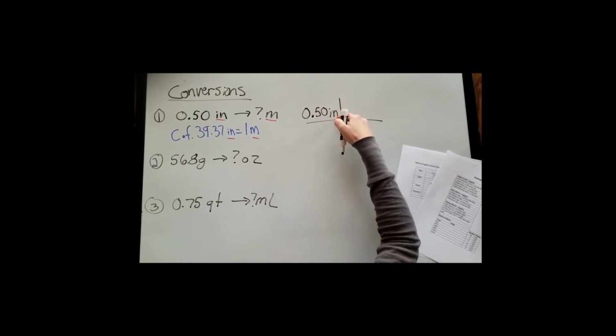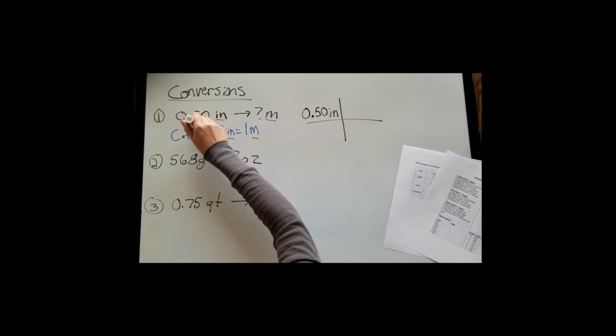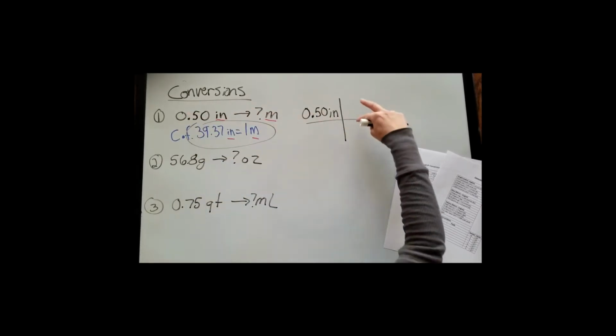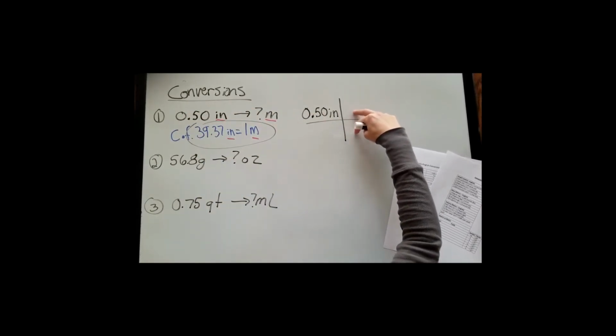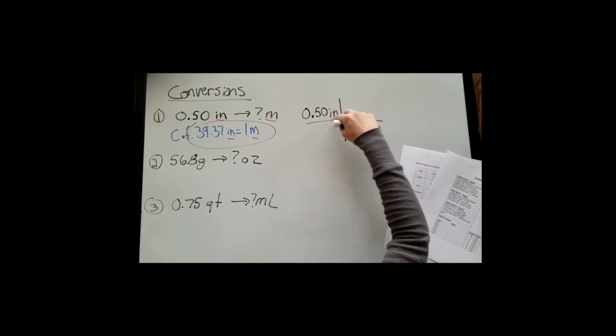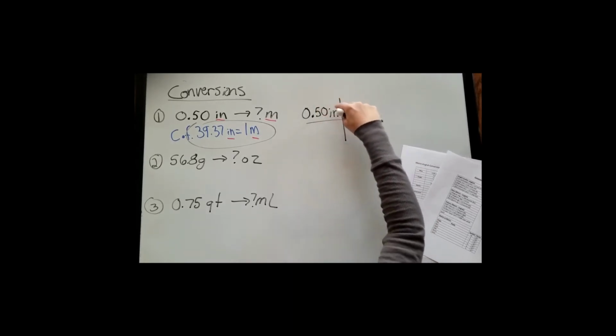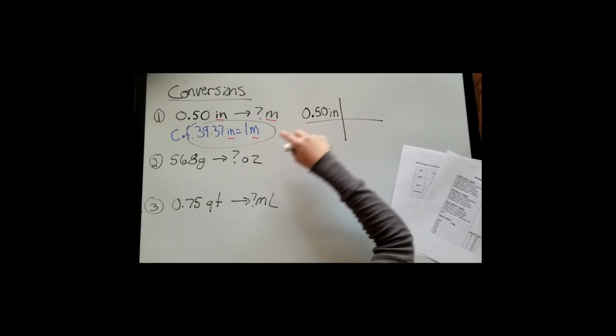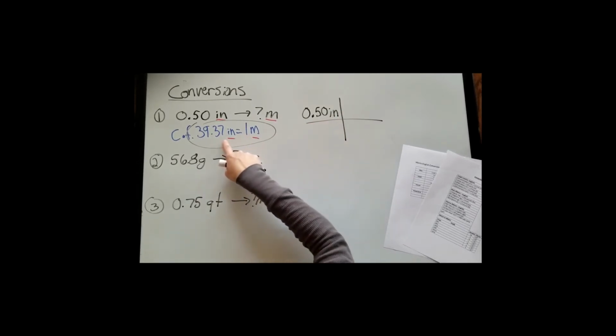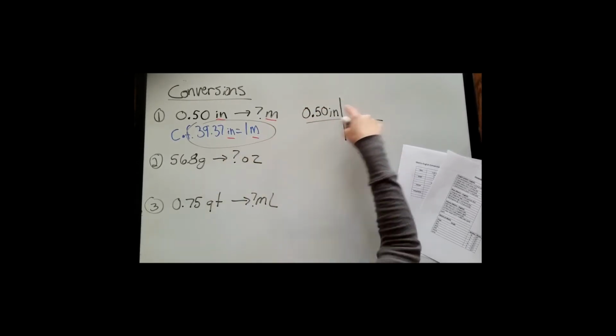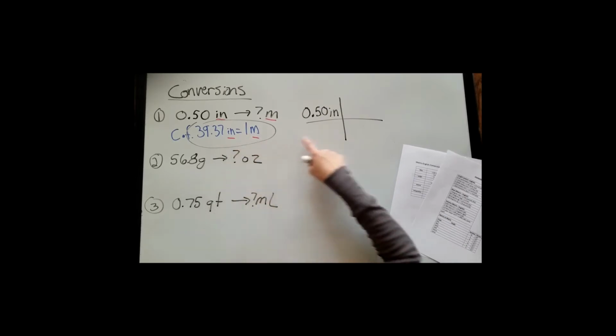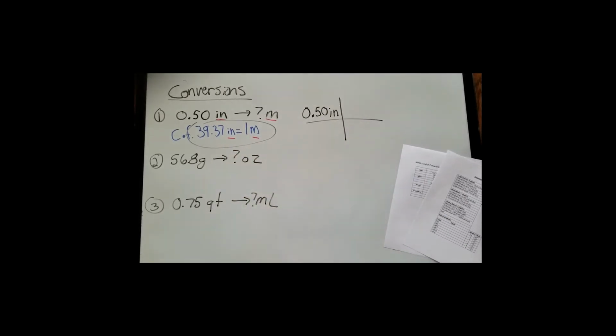I always put my units there with it, because once I use my conversion factor, I need to cancel out inches and keep meters. Having the inches up here on top is going to help me figure out which part of this conversion factor goes on top and which part goes on bottom.